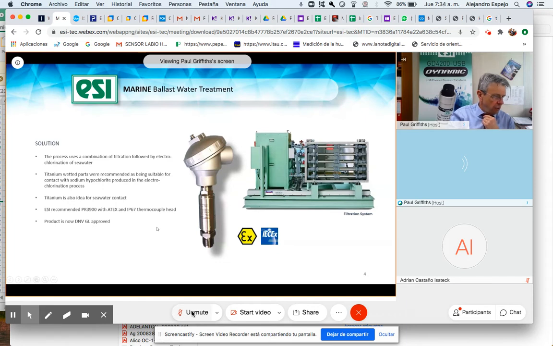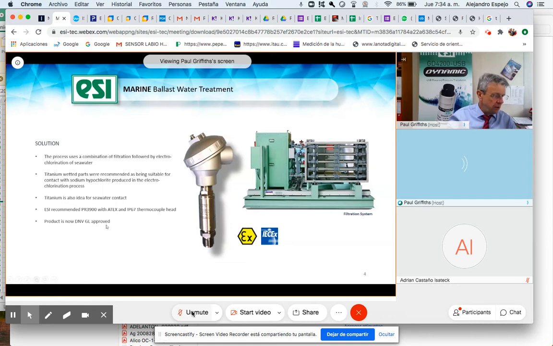Now, one of the requirements was that the product was marine approved. Now, we didn't have this 5 years ago, I think, when we started with this customer. We only had ATEX approval.